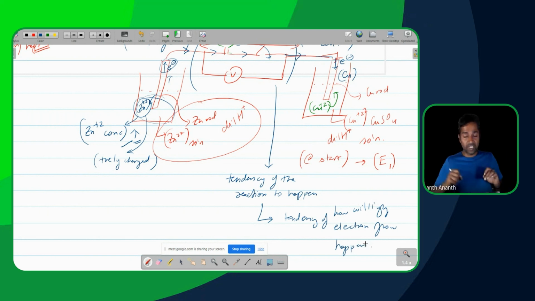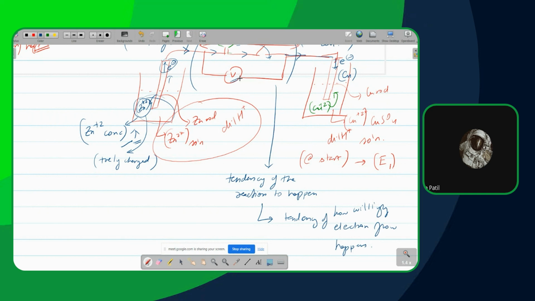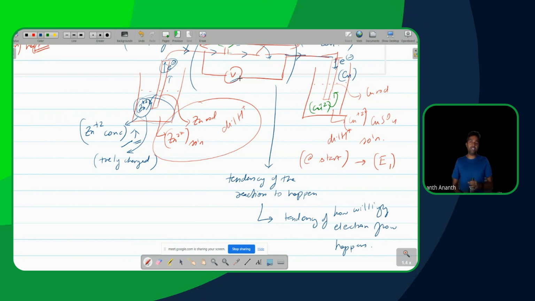That is basically what we are measuring over here, correct? So if the electron flow is happening more willingly, I'm going to be having a higher voltage, correct? If my electron flow is happening less willingly, I'll be having lower voltage, consequently.